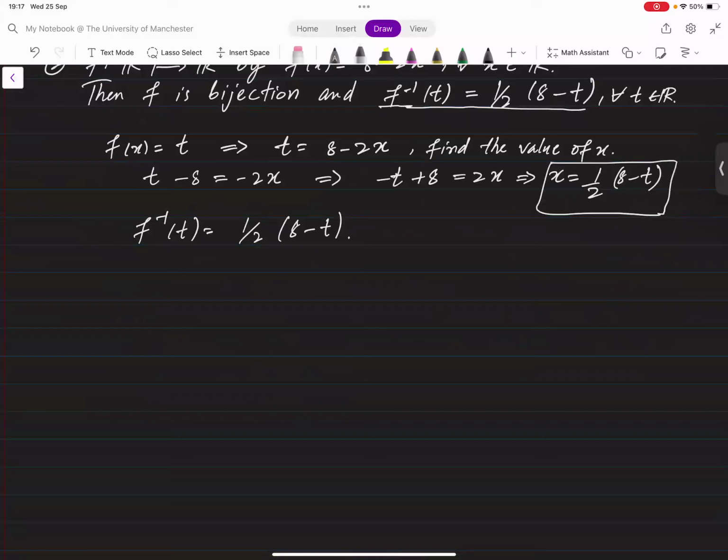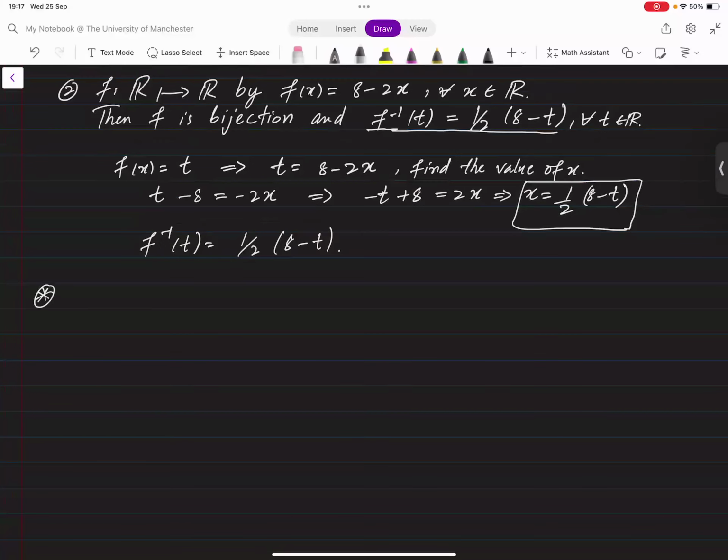And we will now talk about composition of functions. So we will learn how to compose two functions. So a definition.